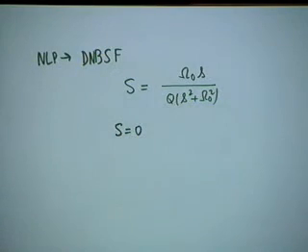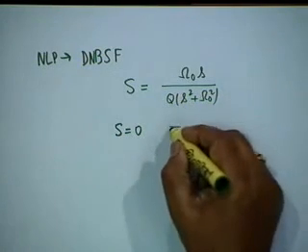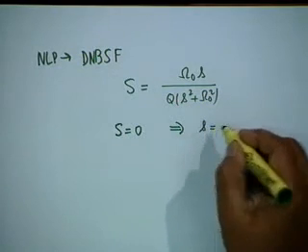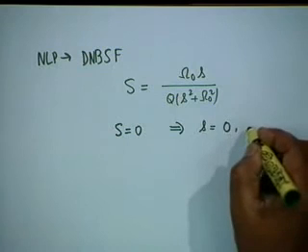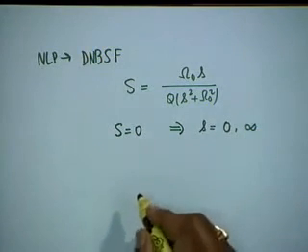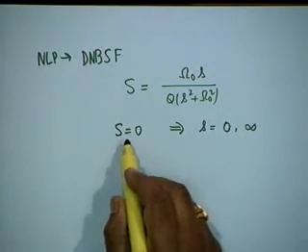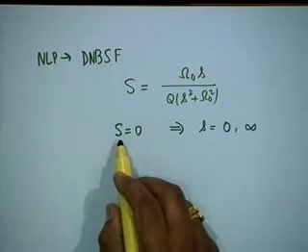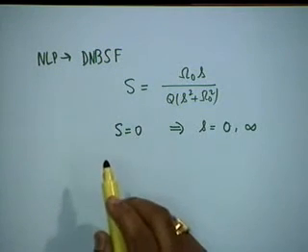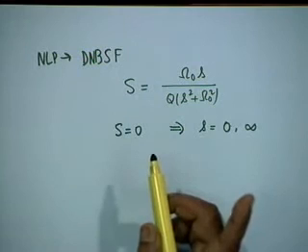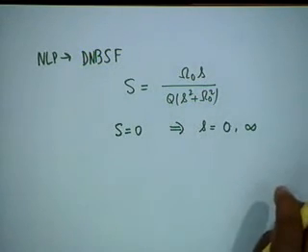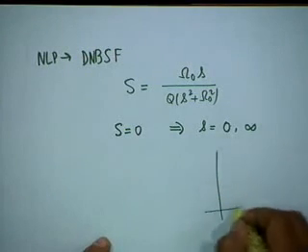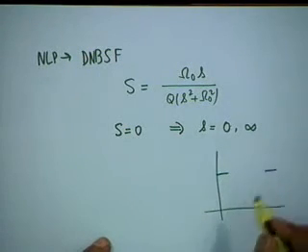Capital S equal to 0 corresponds to small s equal to 0 or infinity. And therefore, if it is a Butterworth filter, unity magnitude at capital S equal to 0 is transferred to the denormalized filter to 0 and infinite frequency, and therefore our job is done.